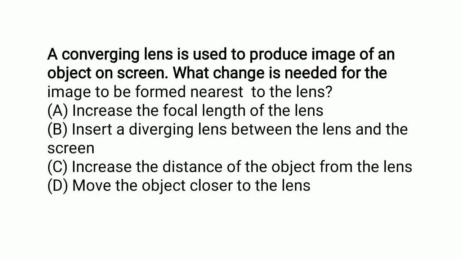Next question, a converging lens is used to produce an image of an object on the screen, right? And what change is needed for the image to be formed nearest to the lens? In order to form the image nearest to the lens, what should be done?